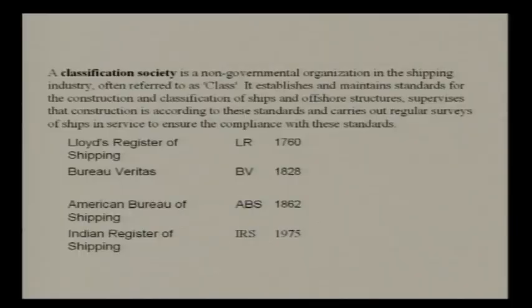Without their certificate you cannot. The Indian one is called the Indian Register of Shipping, that is one of them. Like that you have the American Bureau of Shipping, you have the Bureau Veritas, Lloyd's Register. There are many more. These are some of the important ones, the more famous ones. These are the abbreviations, BV, ABS, IRS as they are called. These are classification societies. This is very important.